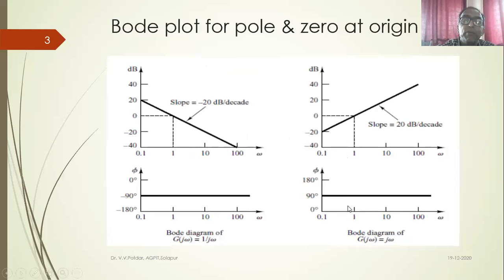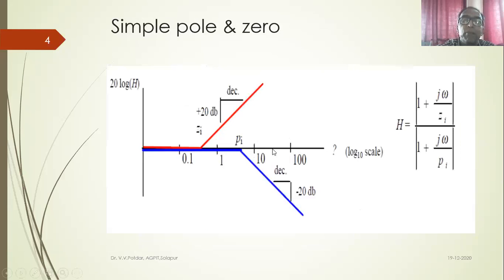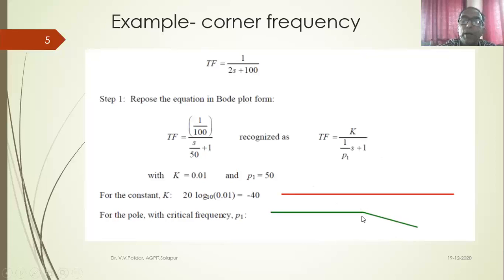So 10, 20, 30, 40, 50. At this corner frequency of 50, I'll be starting my line of minus 20 decibel per decade. So that will be the Bode magnitude plot for a simple pole. Likewise, depending on the number of factors involved in my problem, I have to draw the Bode magnitude plot and the Bode phase angle plot. Okay, we'll move further.